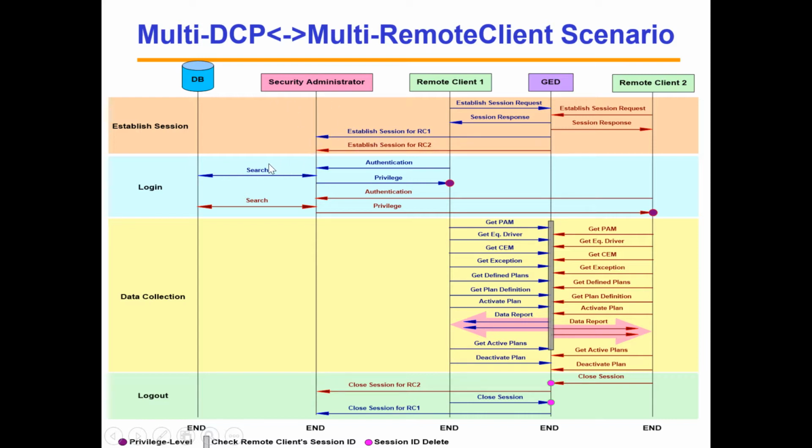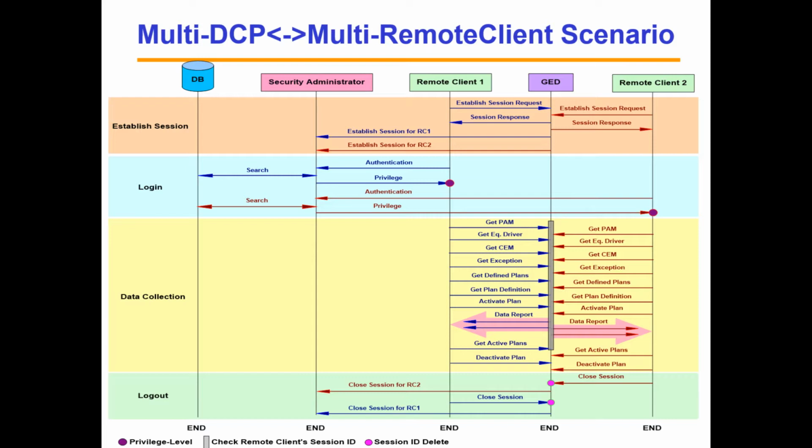After getting the authentication and the permissions, remote client 1 and 2 can send and get PAM, get driver, get CEM, so that they can communicate with each other.